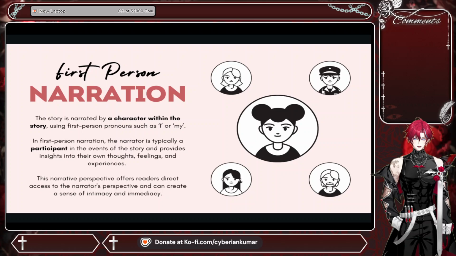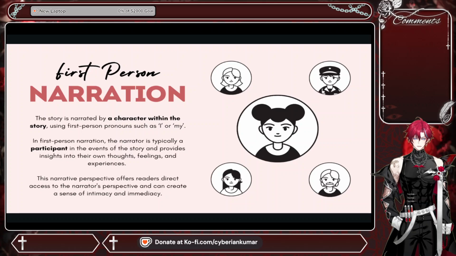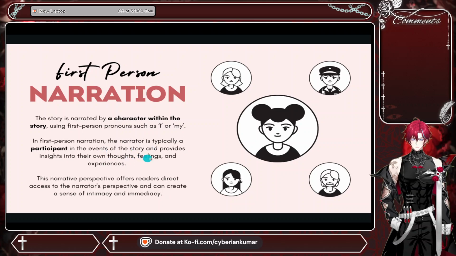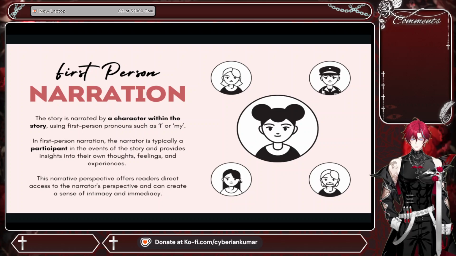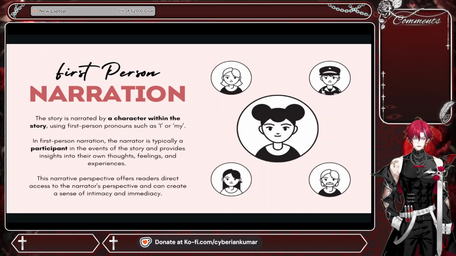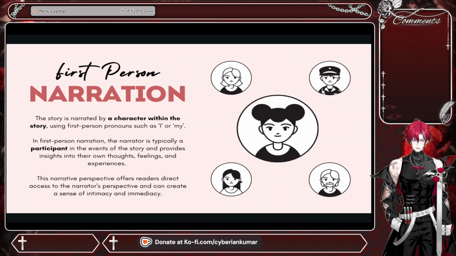The first person view is where you tell a story from one of the characters' perspective, such as using pronouns like I and my. The first person narrator also gives out his feelings, as in you're living from that character's point of view, and you can say what his or her thoughts, feelings and experiences are.